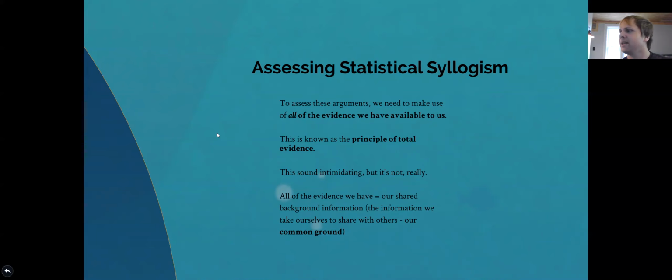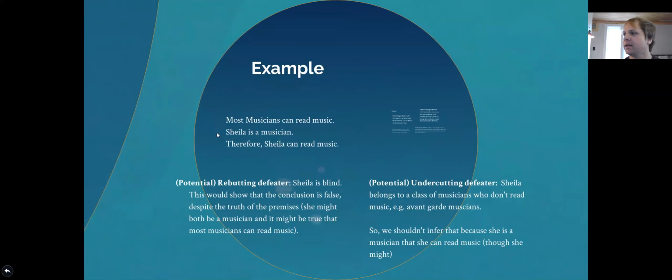Instead, we're going to think about the shared information that we have in common, our common ground and background information, to test the strength of an argument.